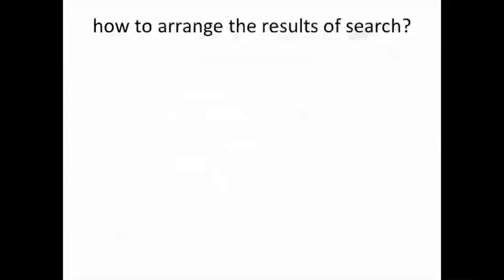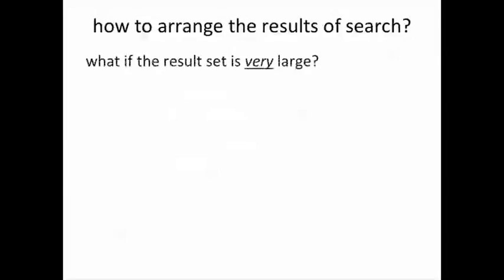Now let's return to our problem of arranging the results of a search query. As we've seen, the web has a lot of pages, billions and billions. What if the result set is very large? For example, when we searched for a or the in Google, we got 20 to 25 billion results.